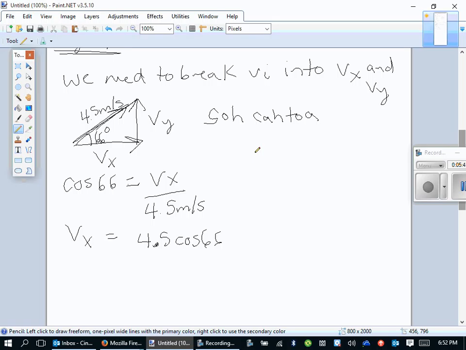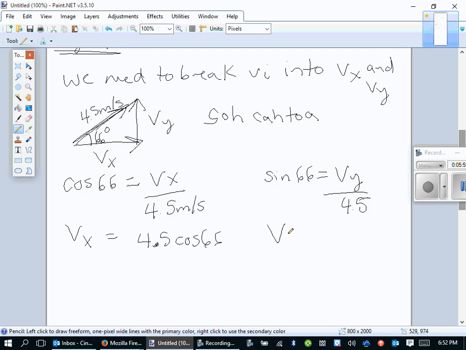If I wanted to know Vy, this is directly opposite, and we have hypotenuse, so I'm going to use sine. Sine of 66 equals Vy over 4.5.